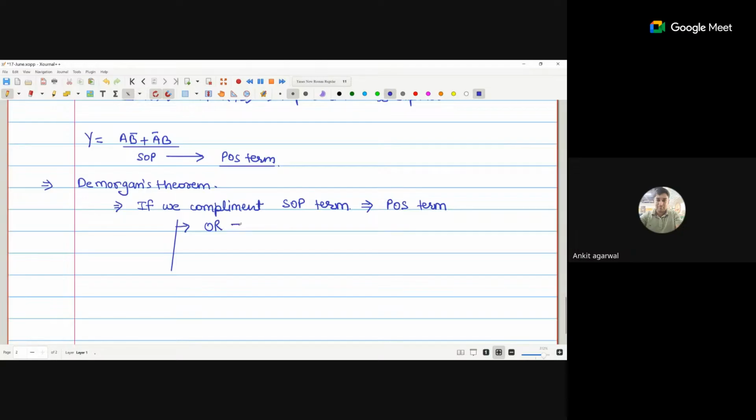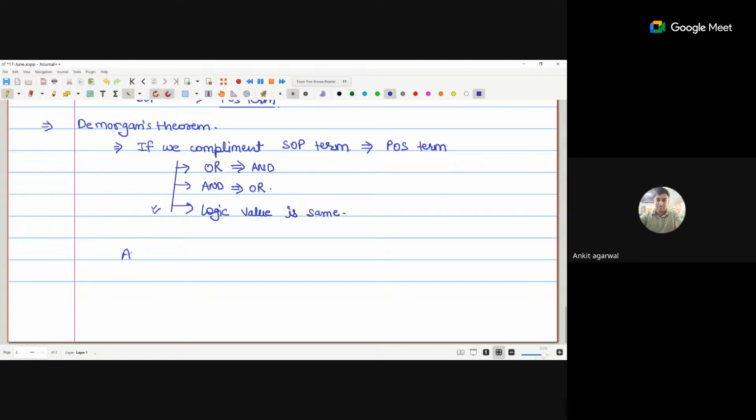Your OR gate will be converted into the AND gate, and your AND gate will be converted into the OR gate, but the logic value is the same. I'll just tell you this particular thing: the logic value is the same.